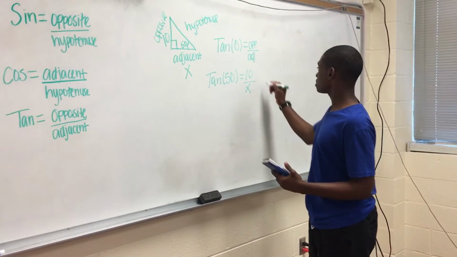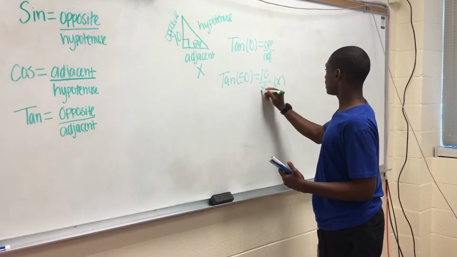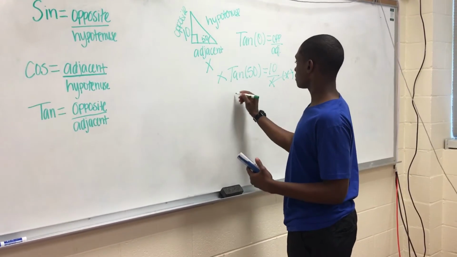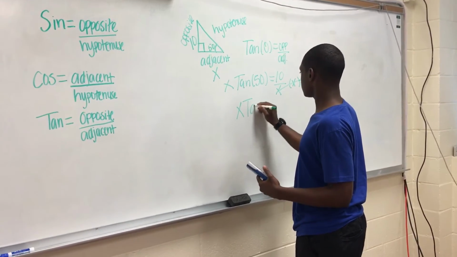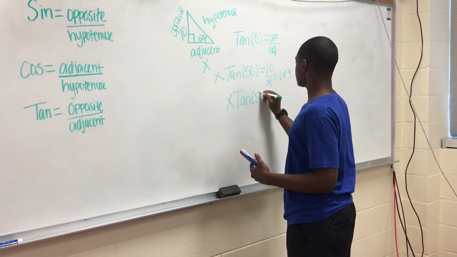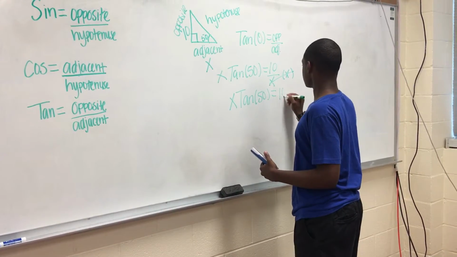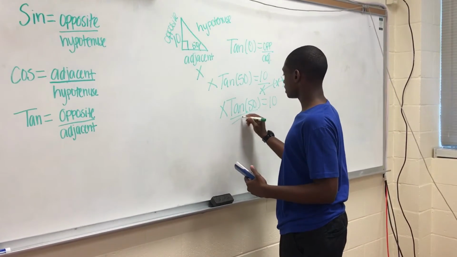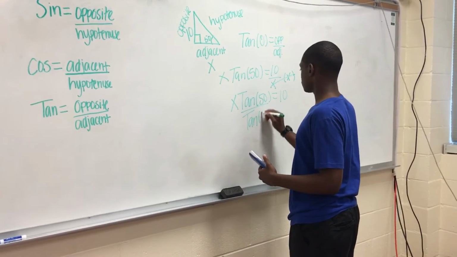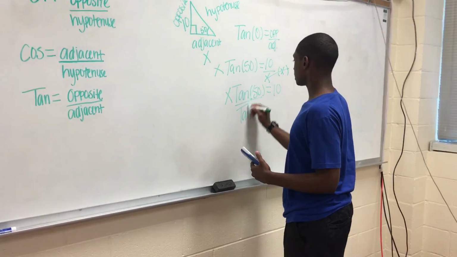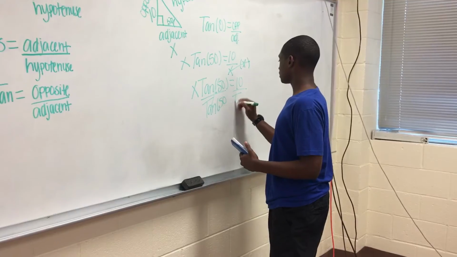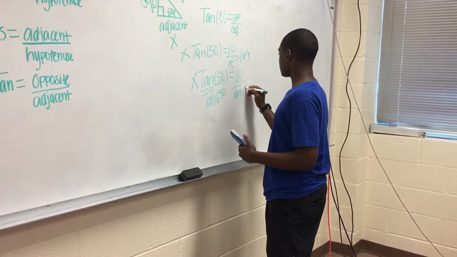Similar to the first problem, we'll multiply by x. That cancels. So we'll have x tan of 50 equals 10. Divide by the tangent of 50 on both sides. That'll cancel. You can do the tangent of 50 over here.